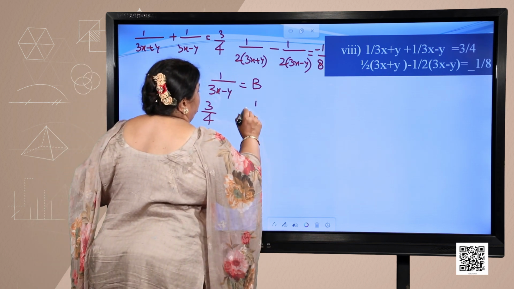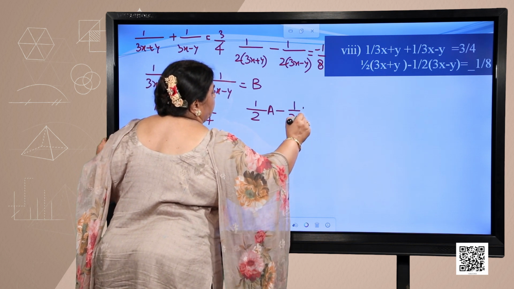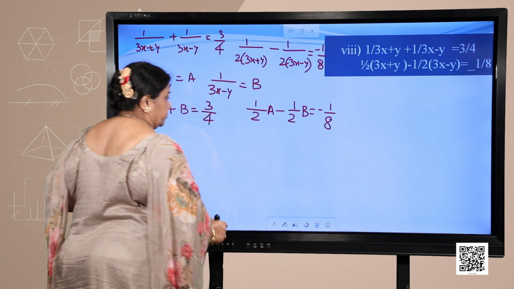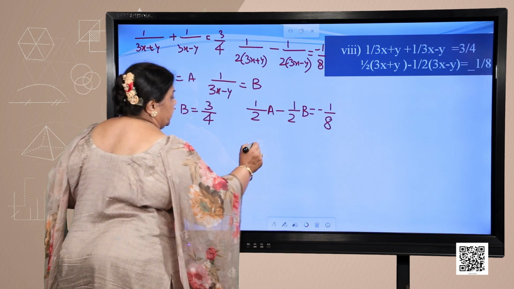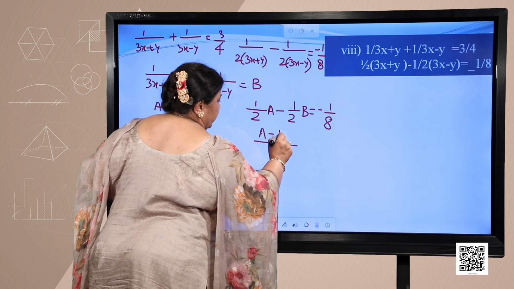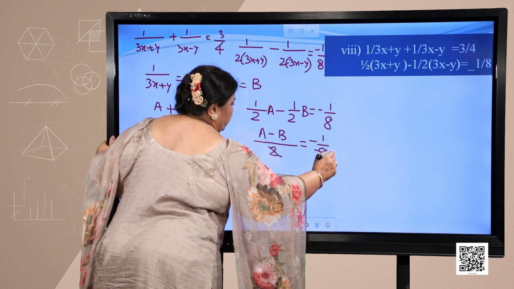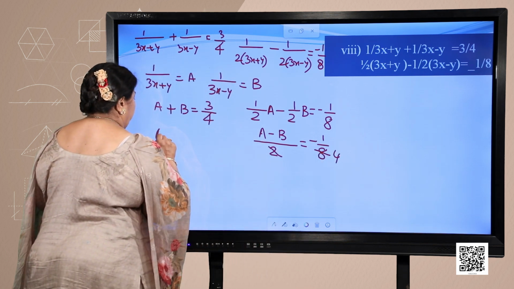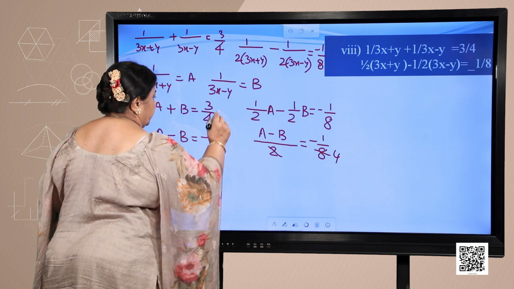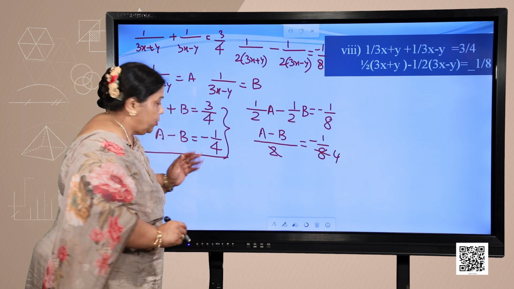Here 1 upon 2a minus 1 upon 2b is equal to minus 1 upon 8. Or see, if I take 2 as the LCM, I get a minus b is equal to minus 1 upon 8. That becomes a minus b is equal to minus 1 upon 4. Observe these equations, coefficients are already equal.